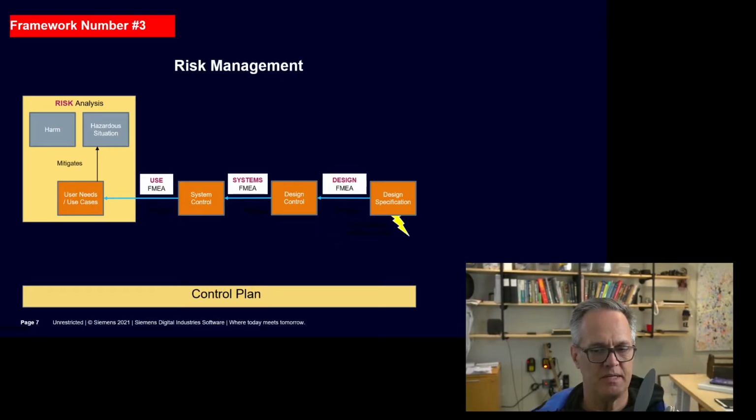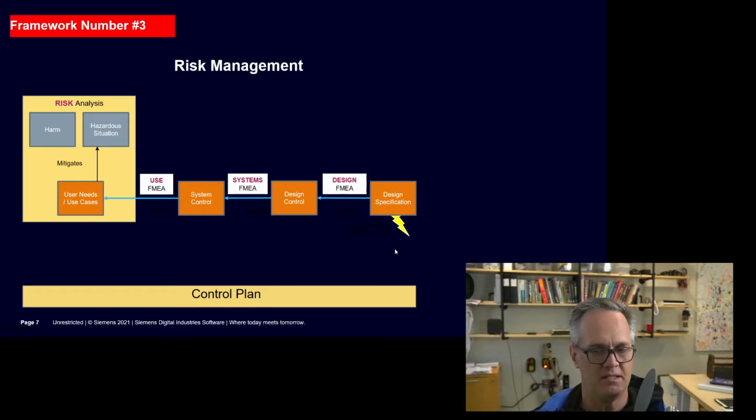So those design specifications, because they progress through this traceability up to a hazardous situation harm combination that's of high risk, what that means is this design specification is now critical to quality. And we need to be absolutely sure that we process that properly through our design control system and through our process failure mode analysis to make sure that we have control over that particular design specification.